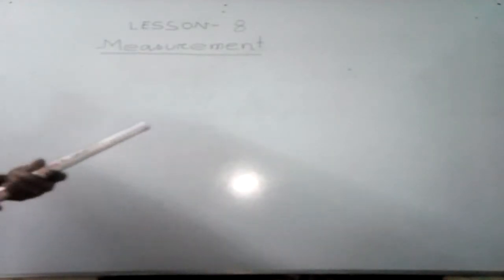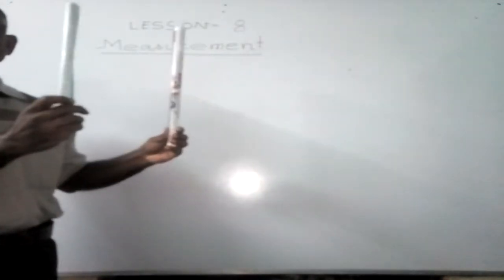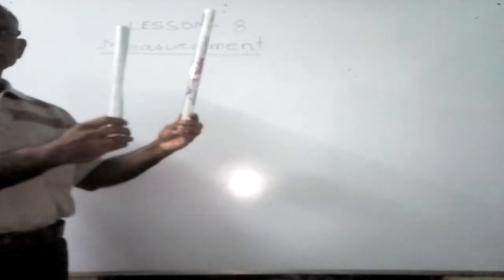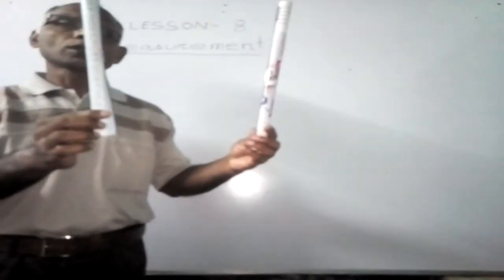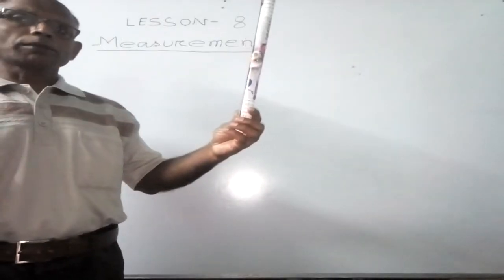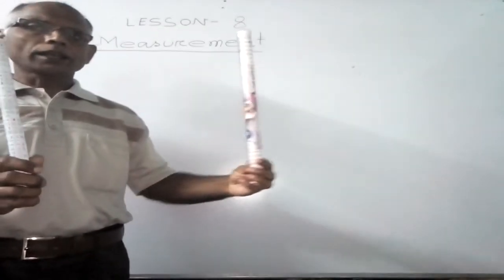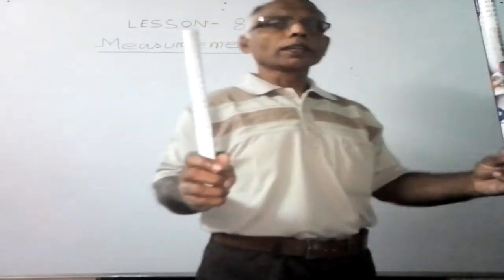Now, you see, I have two things. Is it visible? One is in my right hand, another one is in my left hand.